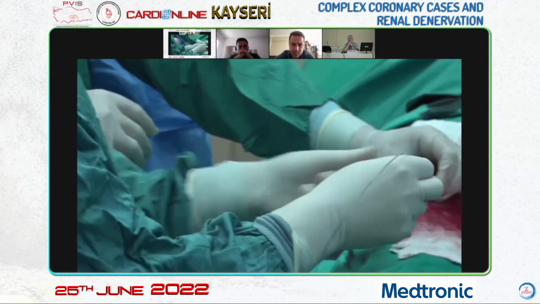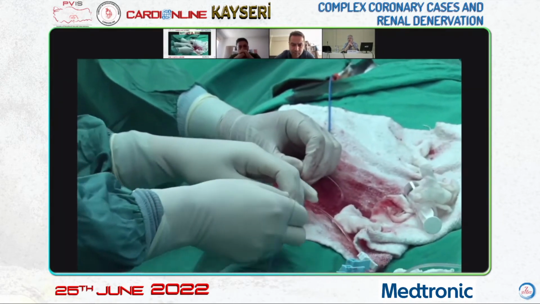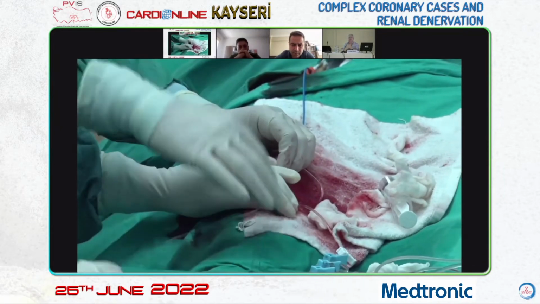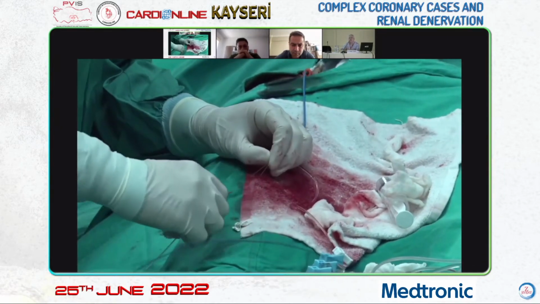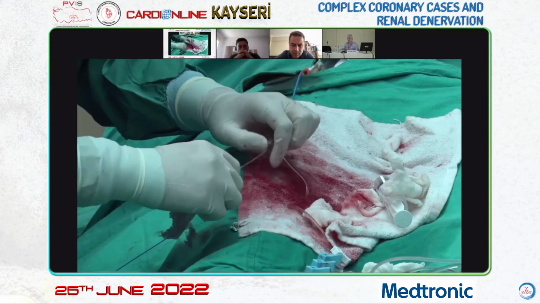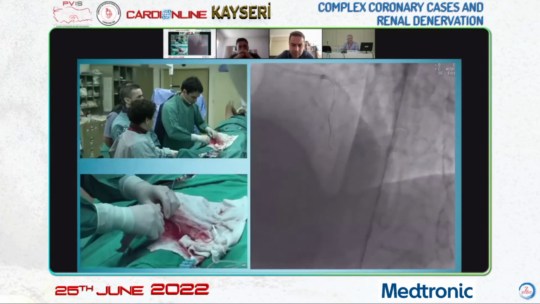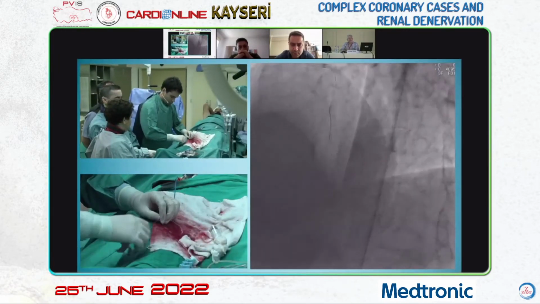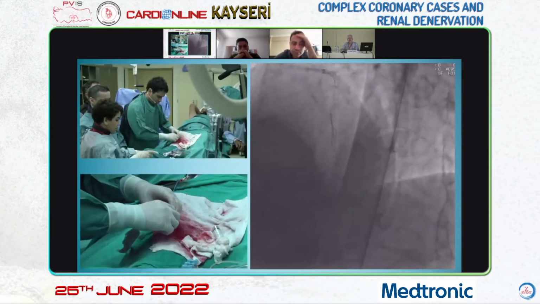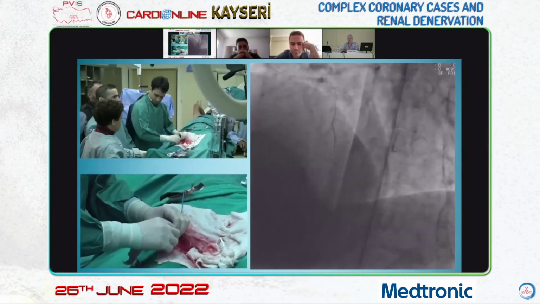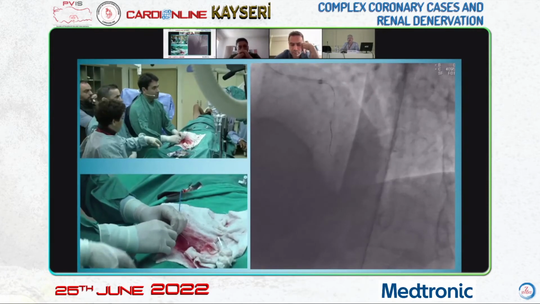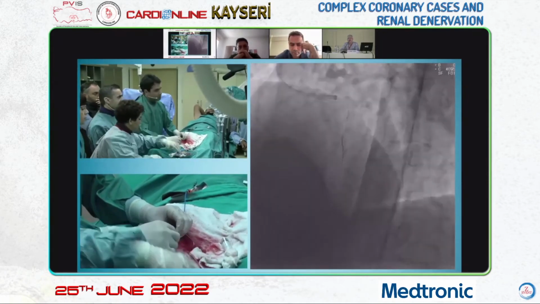When we have complex anatomy, we experience a handicap. Ballooning after the stenting is better. This is a disappointment for the operator, but there is a flow.